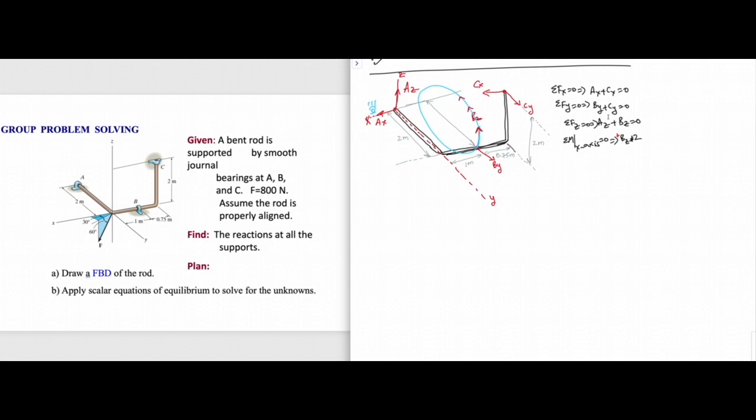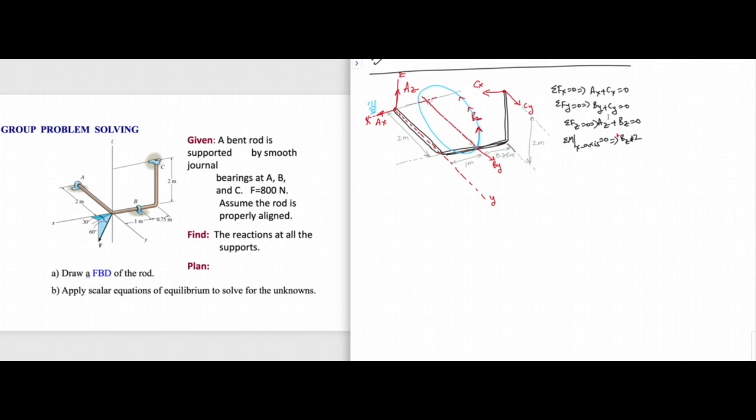What is the distance of BY from the x-axis? You may be thinking, even the distance of BY is 2. You're wrong. What is the distance of the line of action of BY from the x-axis? What is the line of action of BY?